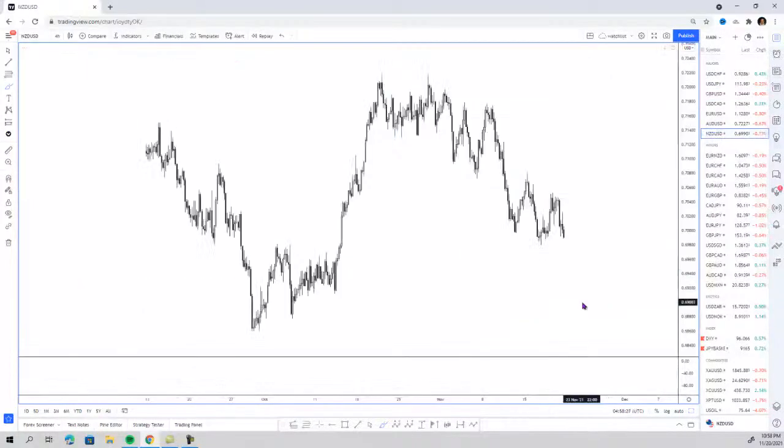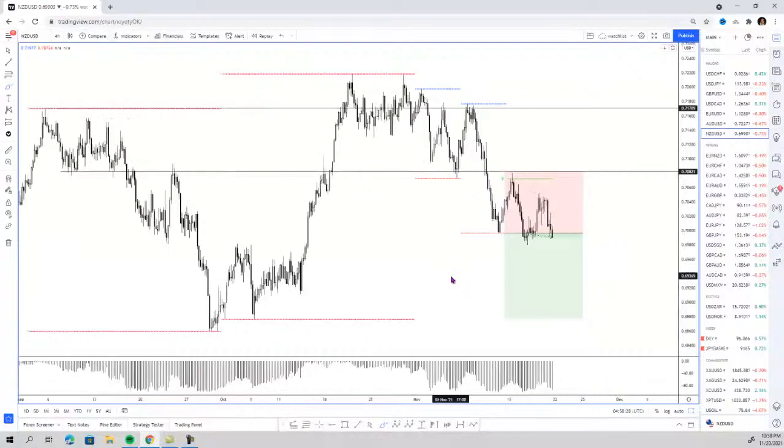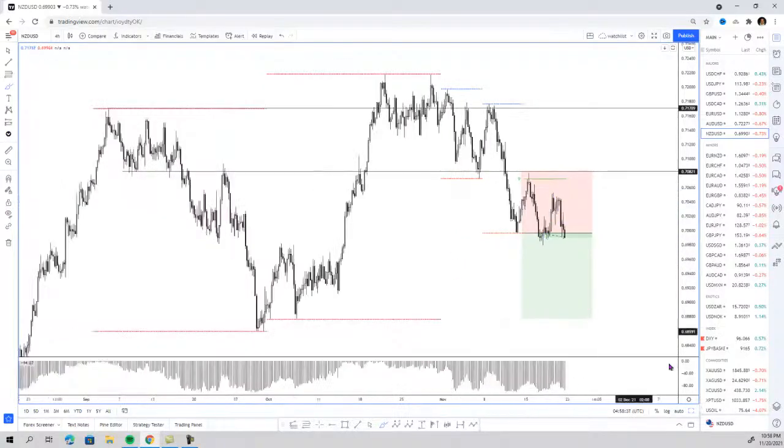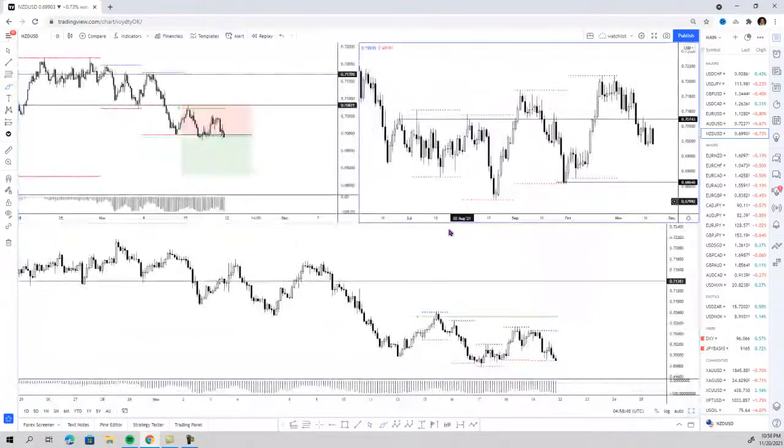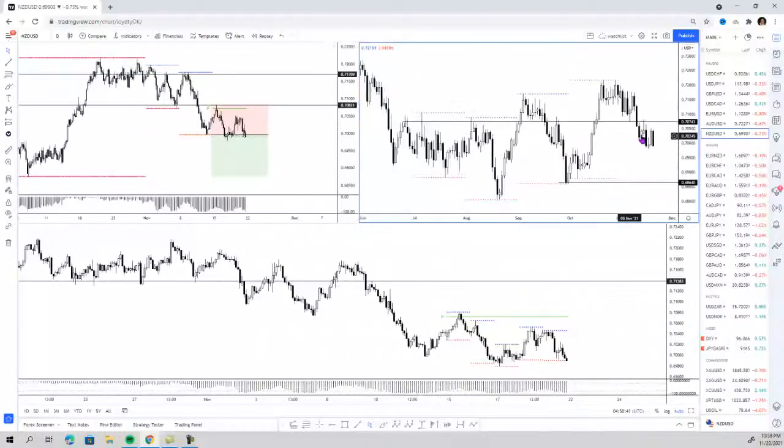The other one is the Kiwi against the USD. Again, I do have a short position here, shorted the breakout of these lows held throughout this rally. And what I like about this setup in particular is if you look at the daily, it was a break and retest of the 70-80 level.